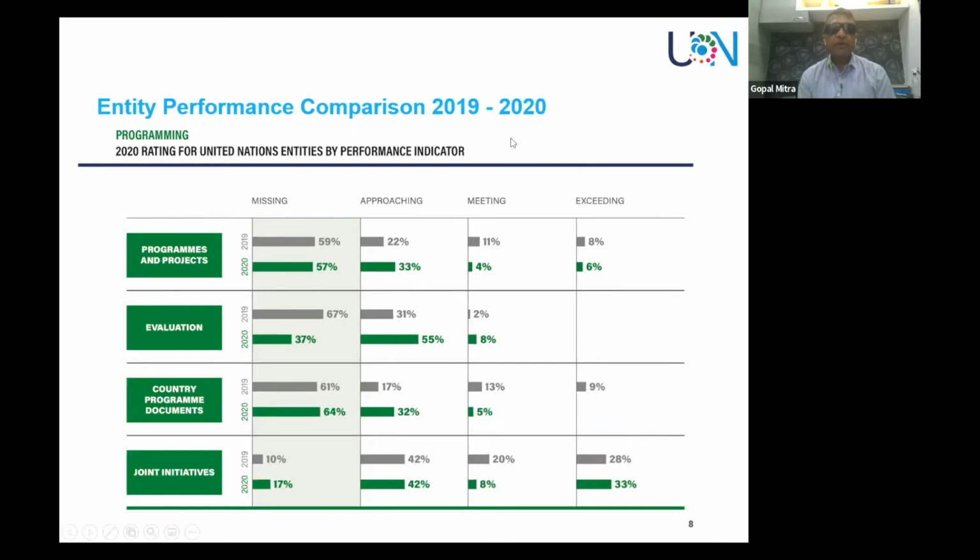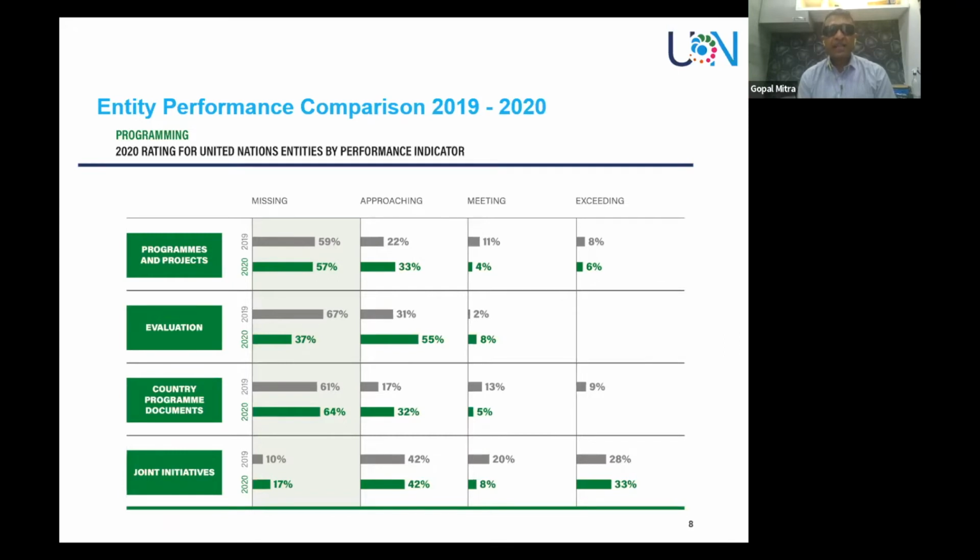But we have seen improvement in 2020. 37% are missing the requirements. So entities have moved from missing to approaching requirements. If you see approaching requirements, it's 31 and 55. So in 2020, right now, 55% of entities are approaching the requirement, which means they have in some way integrated disability inclusion into their evaluation guidelines.